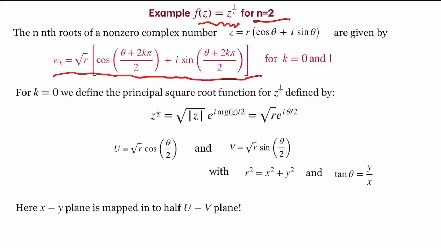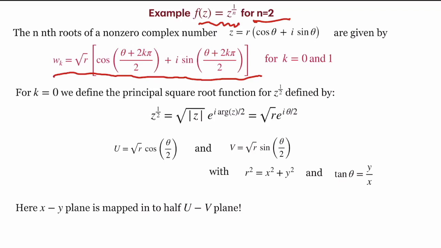This is explicitly written for our present case where n = 2. So omega_k is the square root of r times cos((theta + 2k pi)/2) + i sin((theta + 2k pi)/2). Here k takes the values 0 and 1, so we have two roots corresponding to the given complex number z.